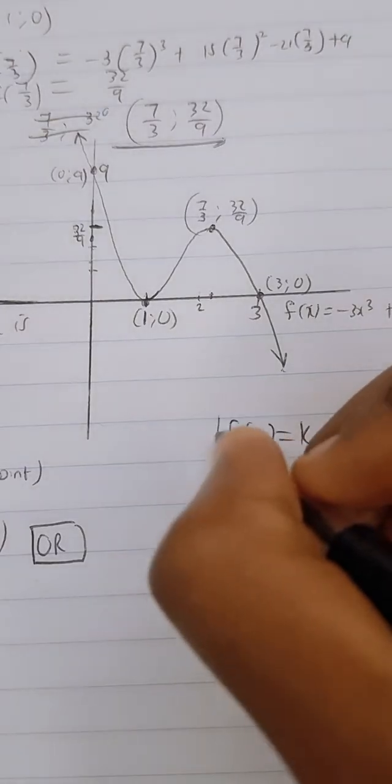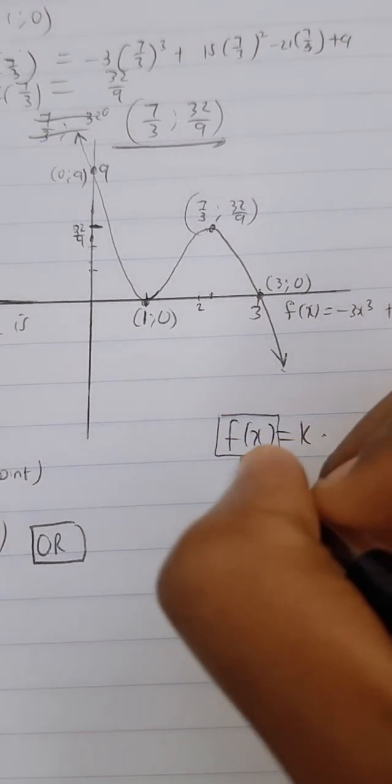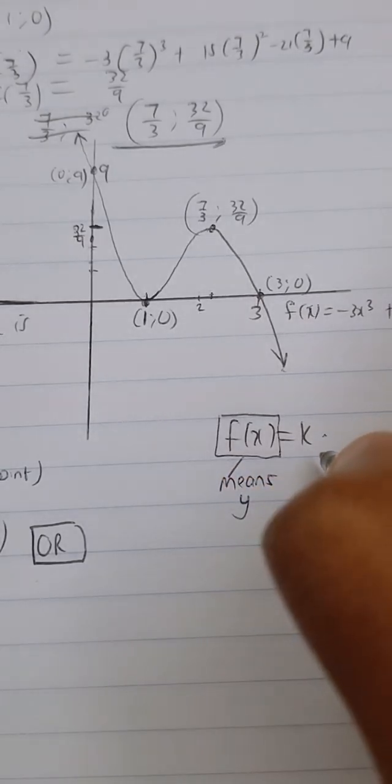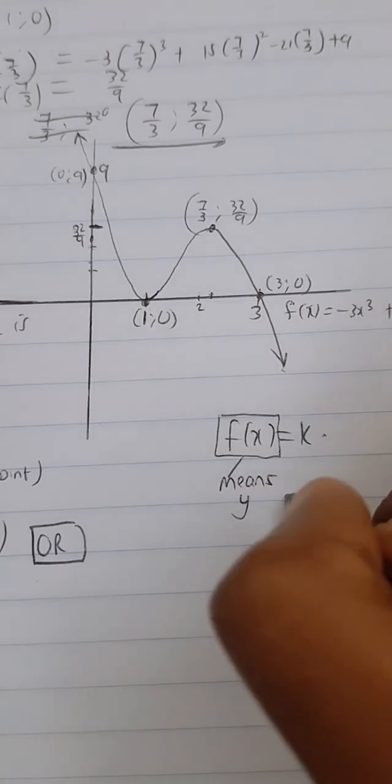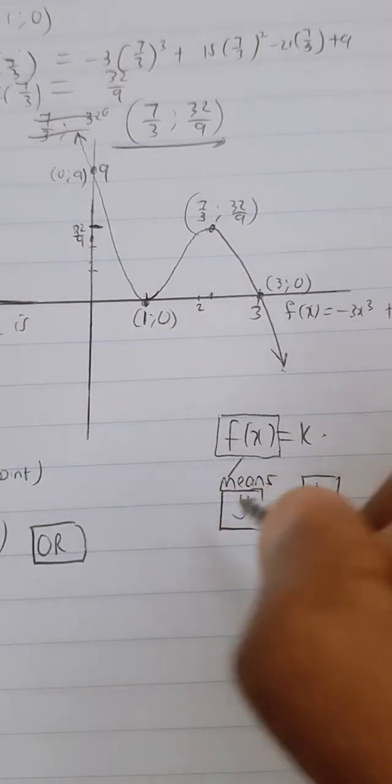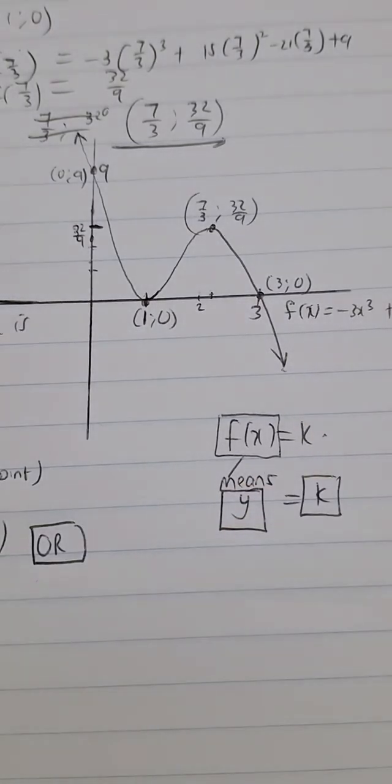Remember, f of x means y, and so y is equal to k. This speaks to a horizontal line where we have a constant.